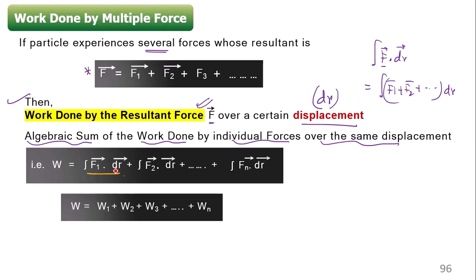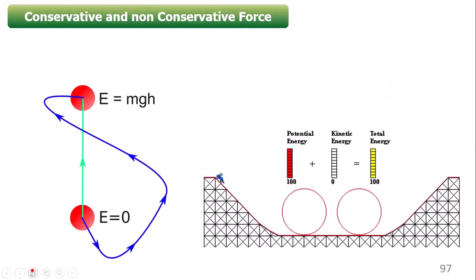For the F1 force I take dr as the displacement, and the work done is the integration of this. For the F2 force, I take the same displacement dr and calculate the work done likewise. You can calculate all the work done separately and then add them, or use the resultant. So in both ways I can calculate the work. Now let us give the idea of the conservative.